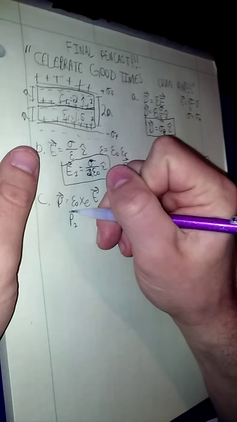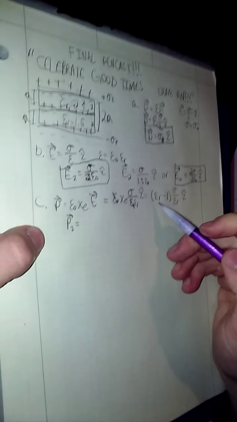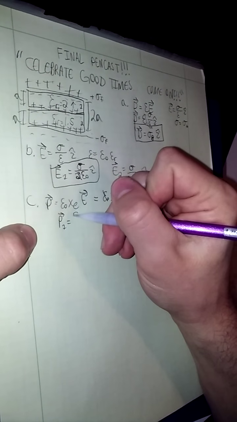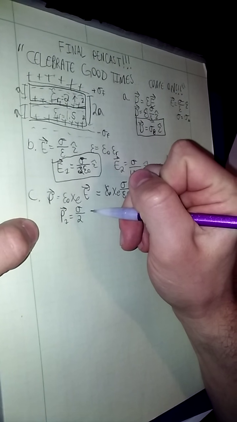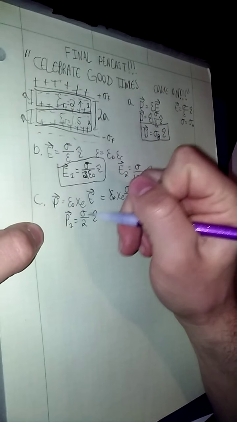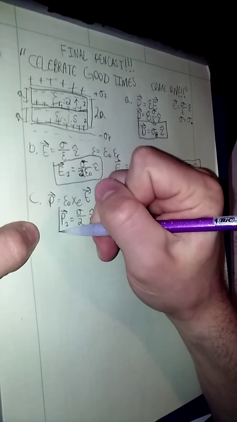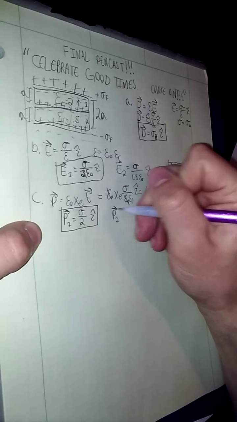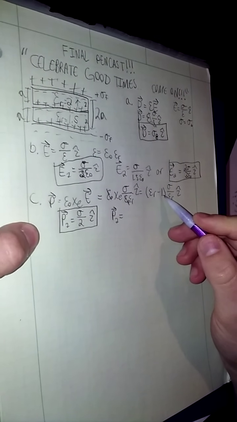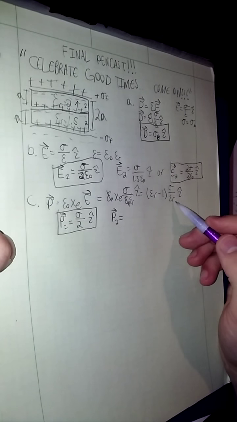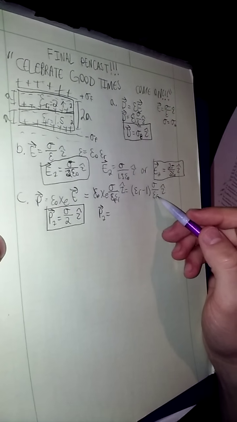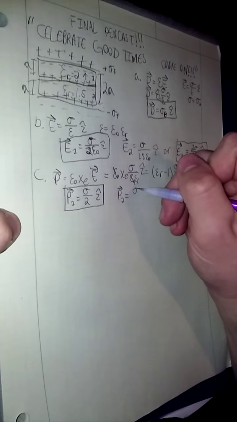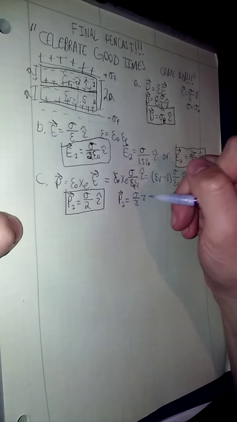So the polarization for the first slab, we plug 2 in here, 2 minus 1 is 1, and then we have this over 2, so sigma over 2 in the z-hat direction. P2 equals, now we have 1.5, minus 1 is 0.5, over 1.5, multiply those both times 2, you get 1 over 3, so sigma over 3 in the z-hat direction.